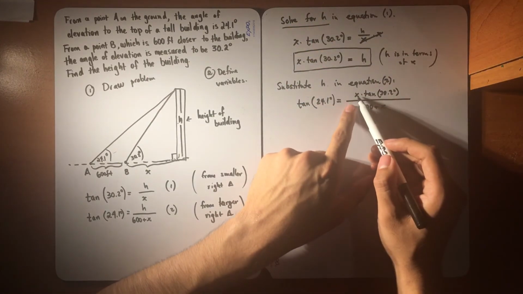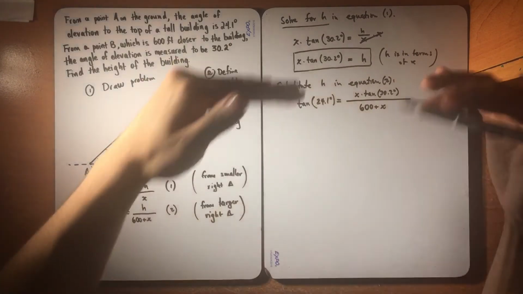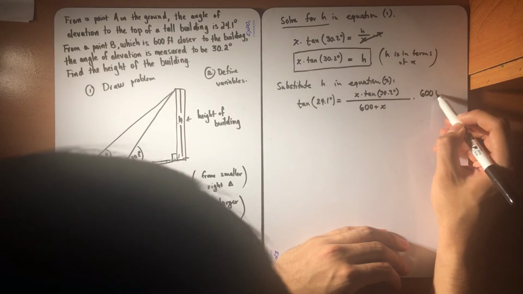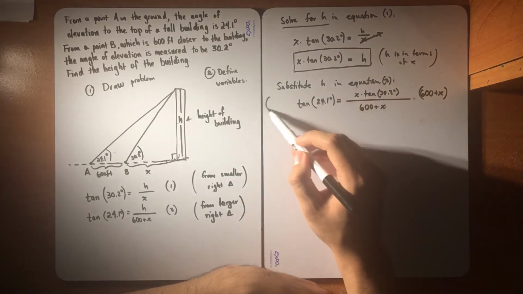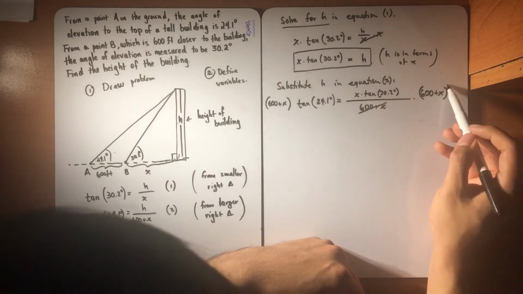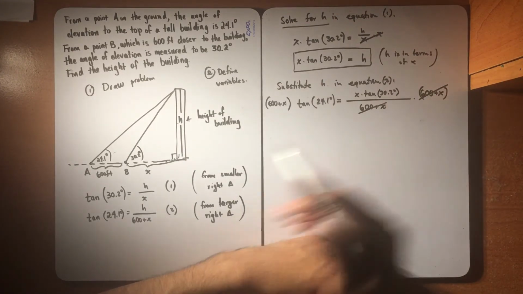Now, how do I get x by itself? I want to isolate x. The first order of business is to multiply by 600 plus x on both sides. Now the 600 plus x on the right side cancels the denominator.